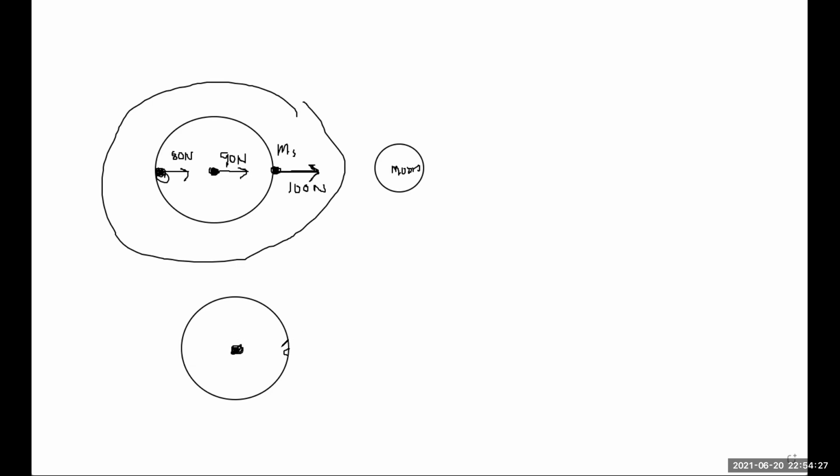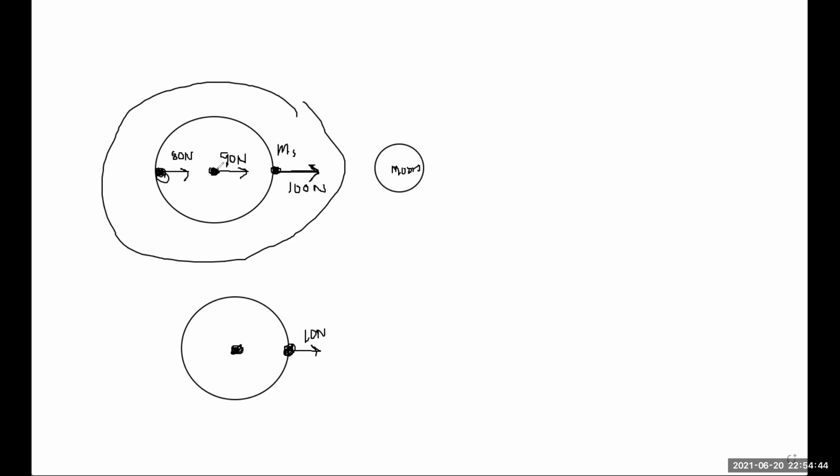If that mass was at the right side of the Earth, you would feel a net force of 10, right? In other words, 10 newtons greater than the force that you would feel if it was at the center. You see what I'm doing?